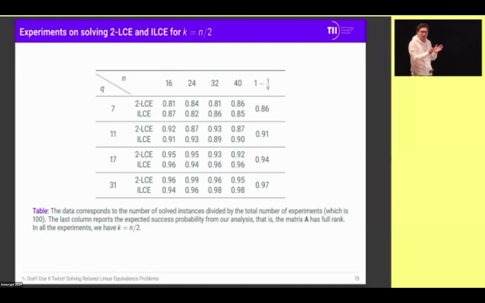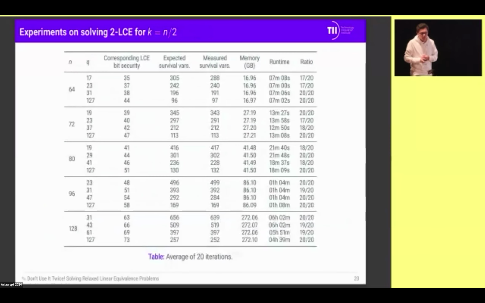Mentioned briefly, recall that the inverse linear code equivalence can be reduced to a 2-instance in some sense. We also show with a small example that illustrates this. We show also that the probability matches in this case, the probability of correctly getting the result matched with experiments.